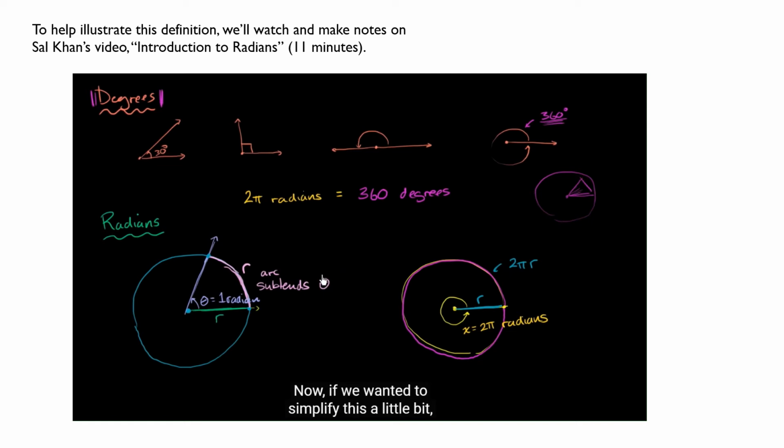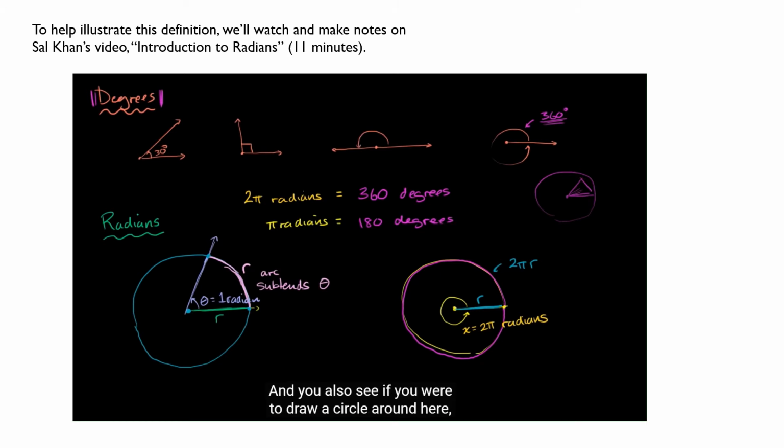Now, if we wanted to simplify this a little bit, we could divide both sides by 2, in which case on the left-hand side we would get pi radians. That would be equal to 180 degrees. And you see over here, this is 180 degrees.